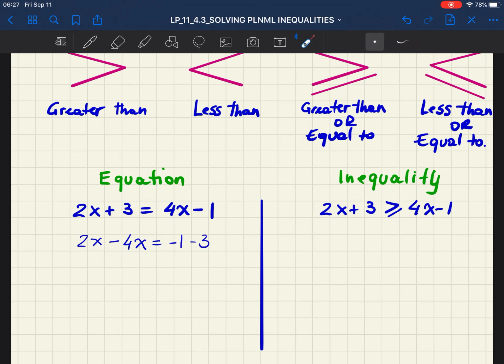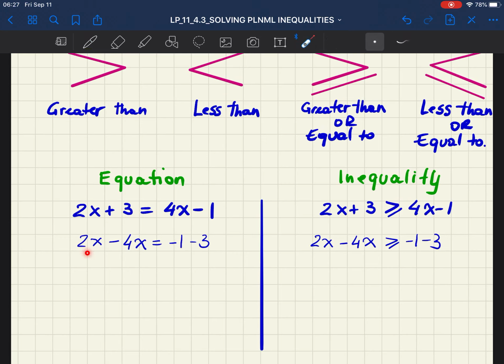So we have negative 4x to the other side, and negative 3. In an inequality, we do the exact same thing as in the equation. So we have 2x minus 4x bigger than or equal to negative 1 minus 3. This step is the exact same for both of them.